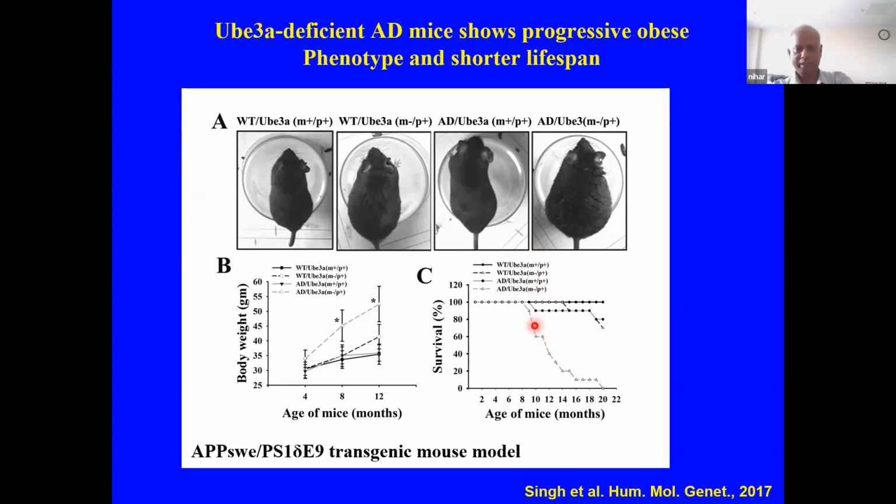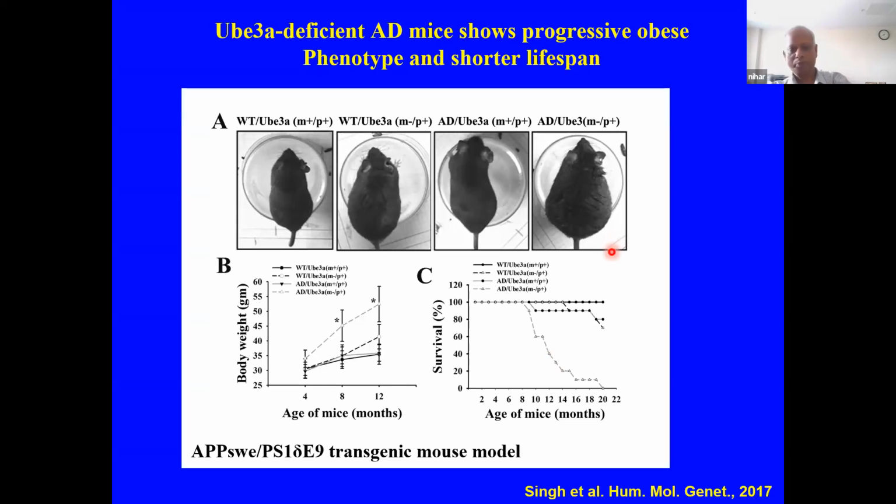In Alzheimer's mice the lifespan is very long, and you need to wait about 2 years to get the phenotype. But the Ube3a deficient Alzheimer's disease mice die much earlier, so they have a shorter lifespan as well as an aggressive behavioral phenotype, which is very difficult to test because of their bulky size.